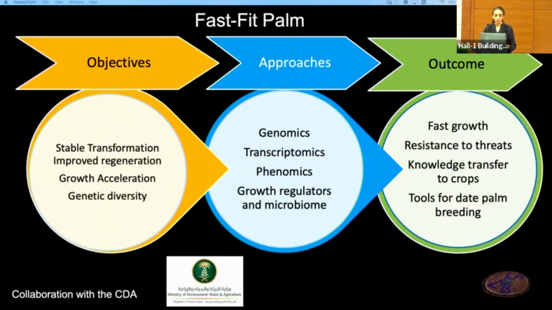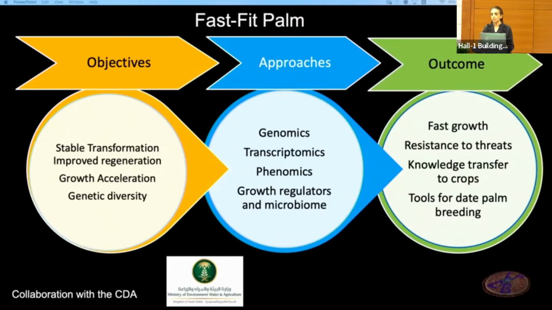We have established objectives: to make a stable transformation, to improve the regeneration protocol for dates, and to accelerate growth, because we know date palms take at least 15 years to flower. We want to find a way to make them flower within 5 years.